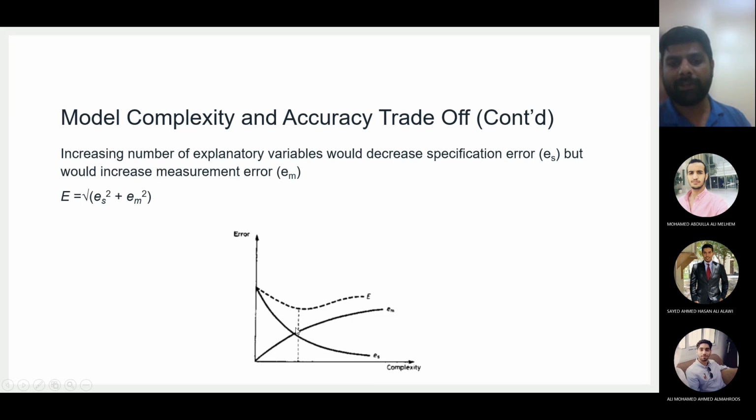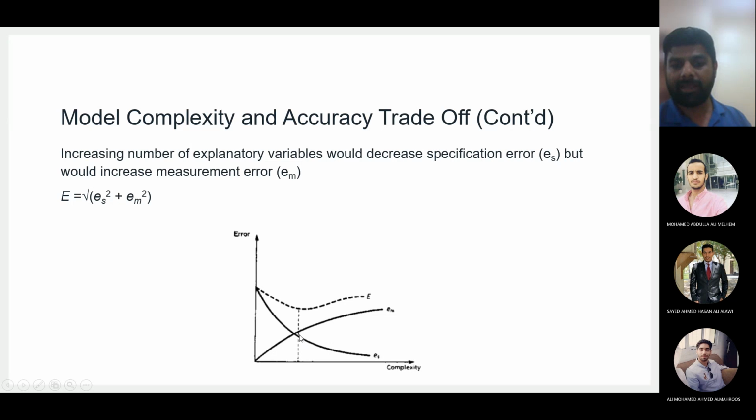What is that optimum value? It is where the number of parameters is at the optimum level. So you try to increase the number of parameters, so the model is becoming more complex, and specification error is reducing, but the measurement error is increasing.